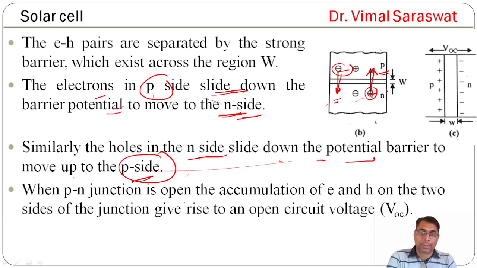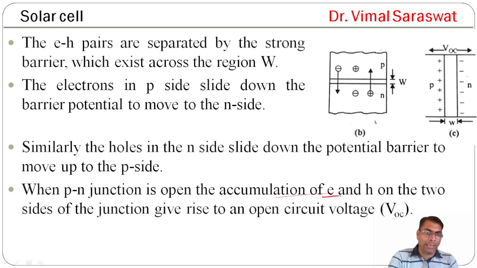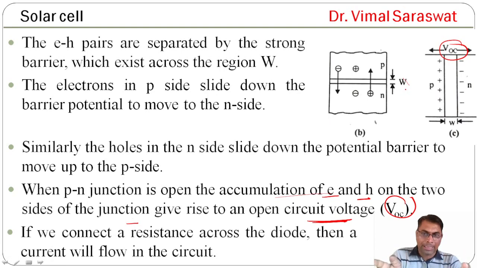When the PN junction is open, the accumulation of electrons and holes on the two sides of the junction gives rise to an open circuit voltage, and this open circuit voltage is VOC. If we connect a resistance across the diode, then a current will flow in the circuit.